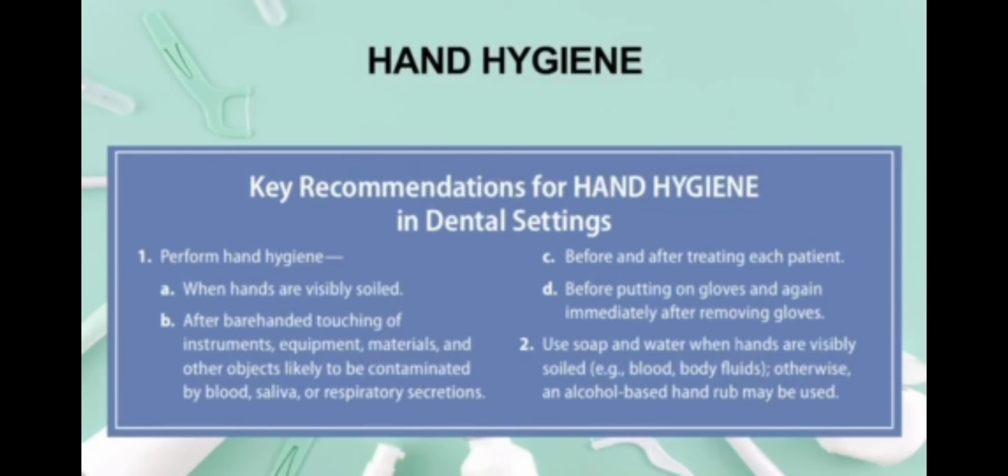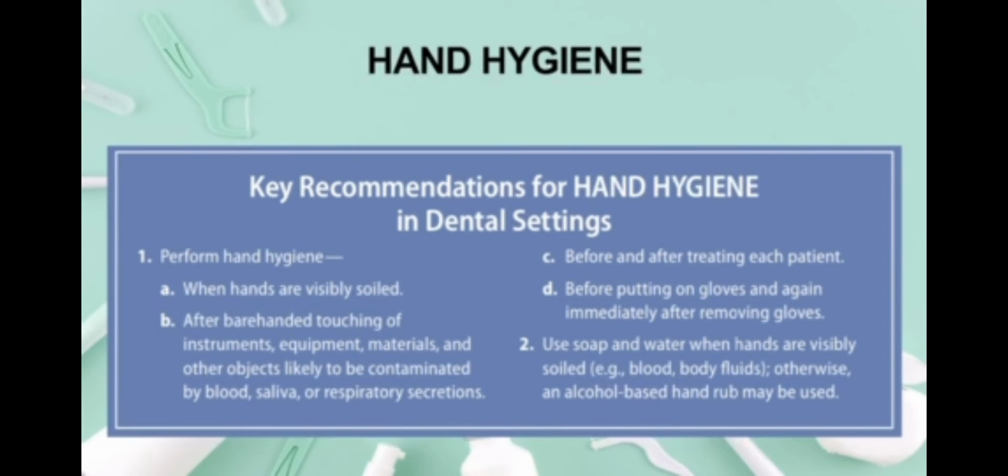For routine dental examinations and non-surgical procedures, use water and plain soap for hand washing, or antimicrobial soap, or hand antisepsis specific for healthcare settings, or use an alcohol-based hand rub.